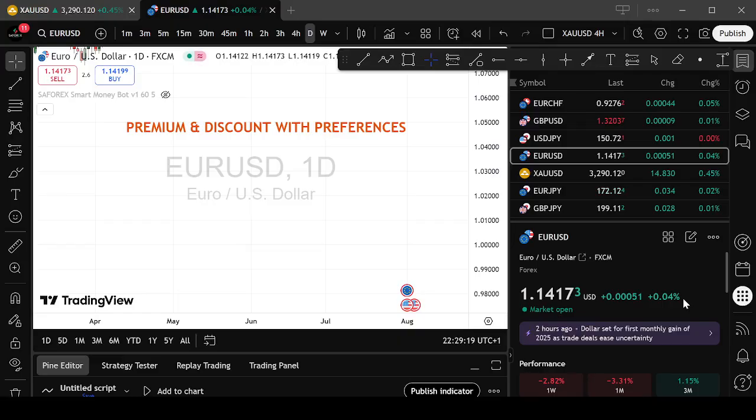That is, we are diving into the institutional levels' use of premium and discount, and how banks, hedge funds, and smart money use reference points with liquidity, fair value gaps, and other blocks in these zones to enter high-precision and low-risk trades. So if you have been confused about where to find sniper entries, this lesson will open your eyes to the architecture of price.